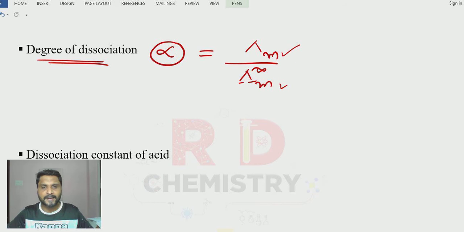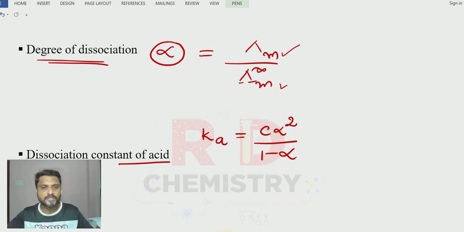Also we can write the dissociation constant Ka is equal to C alpha square divided by 1 minus alpha. Alpha is the degree of dissociation, K is the dissociation constant of the acid, A stands for acid, and C is the concentration term here. But you know that this alpha is also equal to lambda m divided by lambda m infinity, correct?